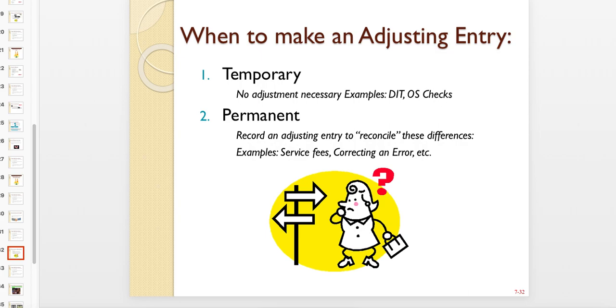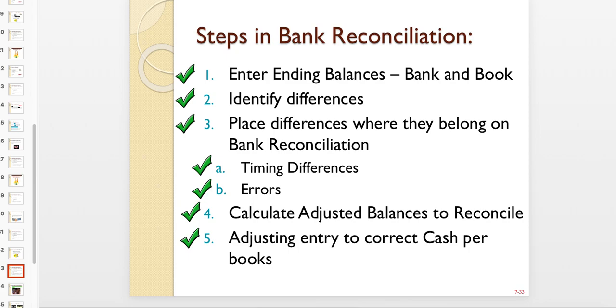So at this point, we have gone through all of the steps from figuring out that there is a difference, identifying the additional differences, putting them all in our bank reconciliation where they belong, reconciling the accounts to make sure we've accounted for everything, and then ultimately adjusting for any items that need to be adjusted so that we do ensure that our accounting records are correct and complete.